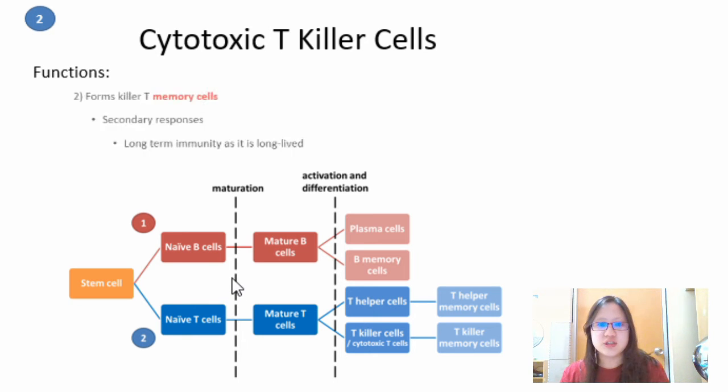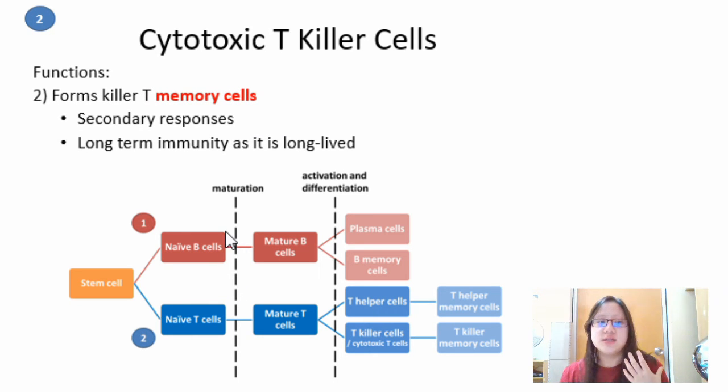Now, what are the functions other than that? It forms killer T memory cells. So as we see here, helper cells, T helper memory cells, T killer cells, T killer memory cells. Again, it is involved in long-term immunity and involved in enabling the secondary response of the body.